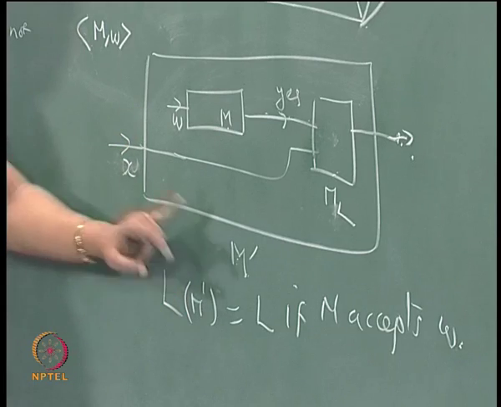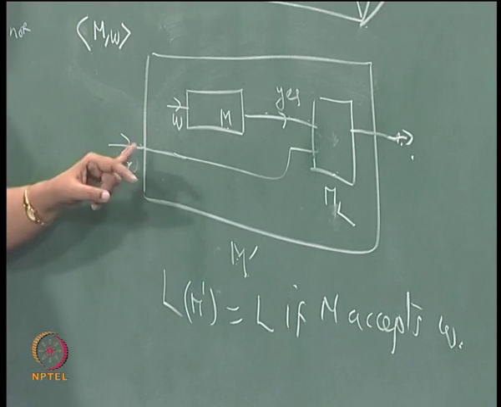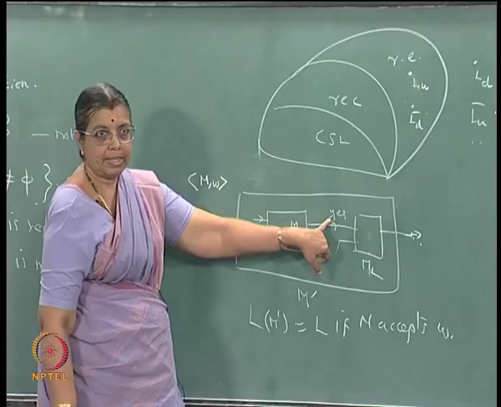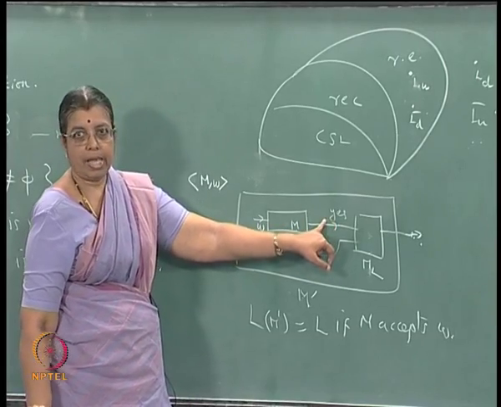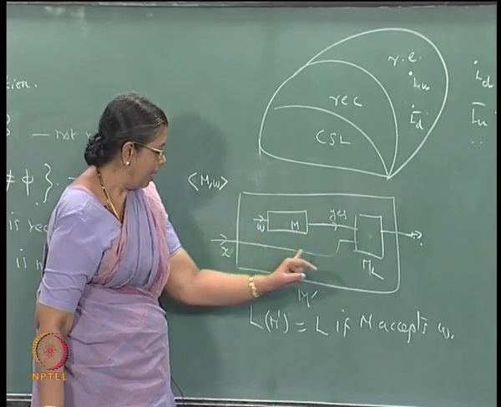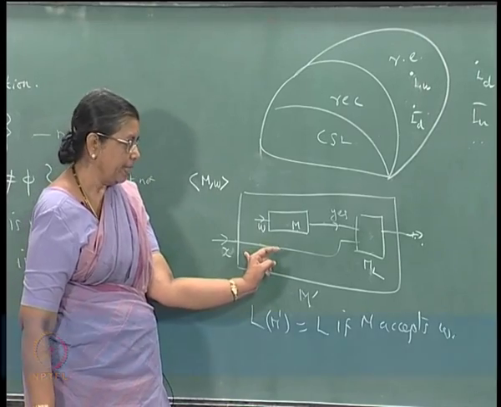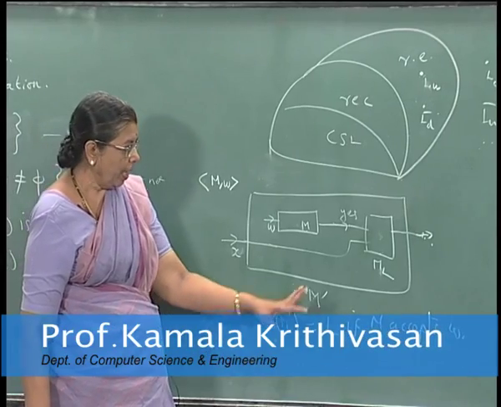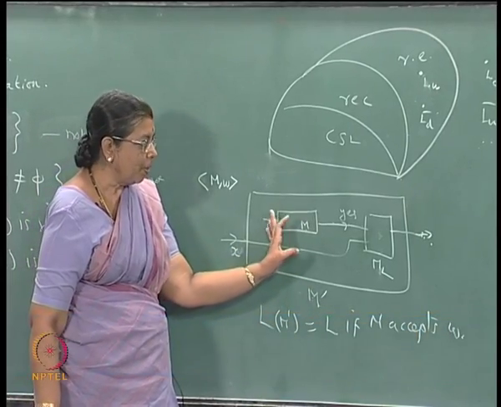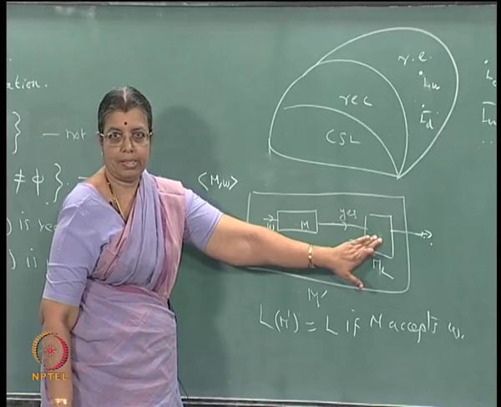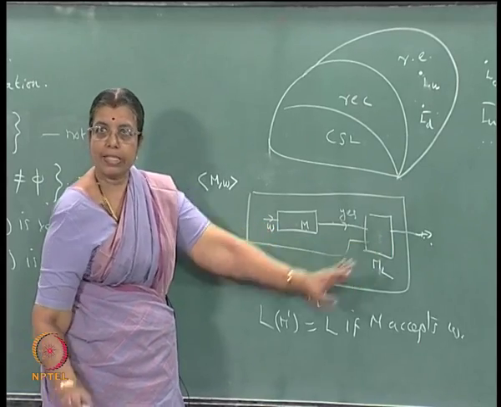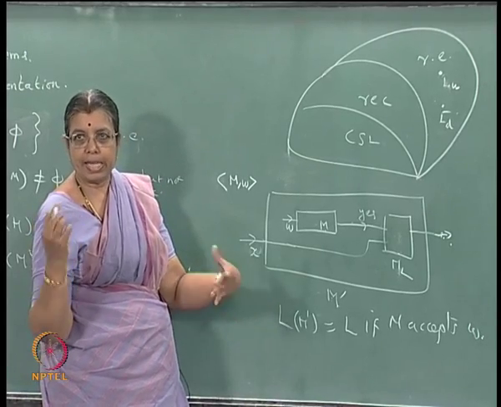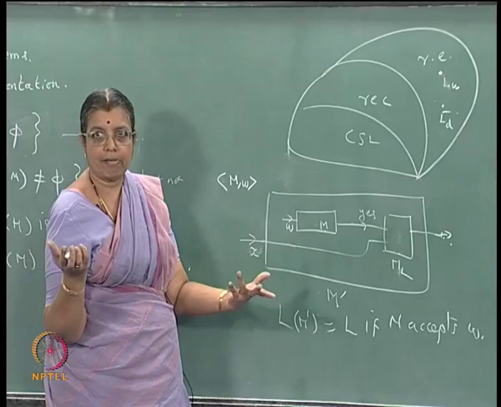M dash ignores its input initially, simulates M on w, and if the answer is yes, ML is started and works on x, and if the answer is yes it will say yes. So, if M accepts w only then this will be started, and it will accept just the language L. Whichever string is in L it will accept, whichever is not in L it will not accept.